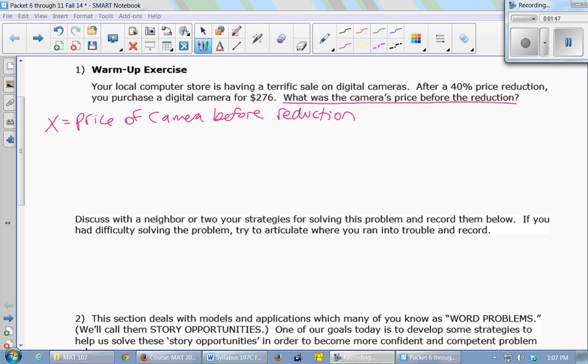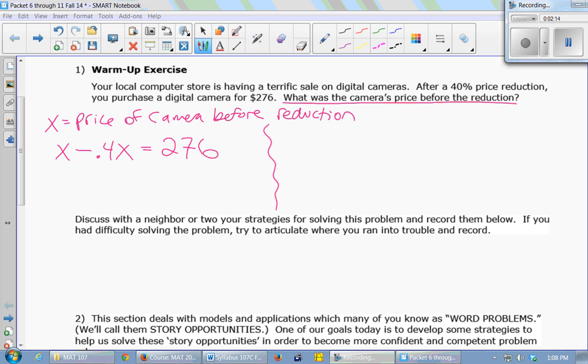Now we're going to take 40% away from X. So I saw two different things that people wrote for equations here. I saw some people say, well, start with X, subtract 40% of X, and you should end up with $276. Does that make sense? Okay. Start with X, subtract 40% of X, and you get the sale price.